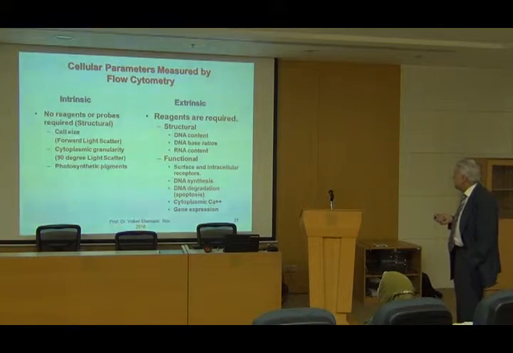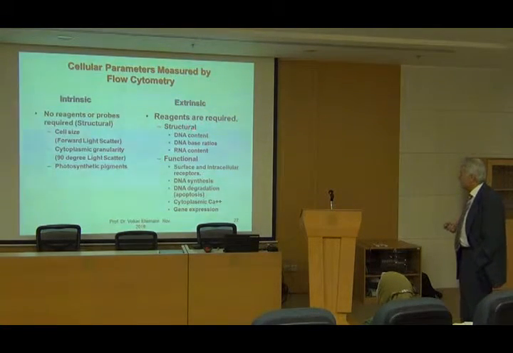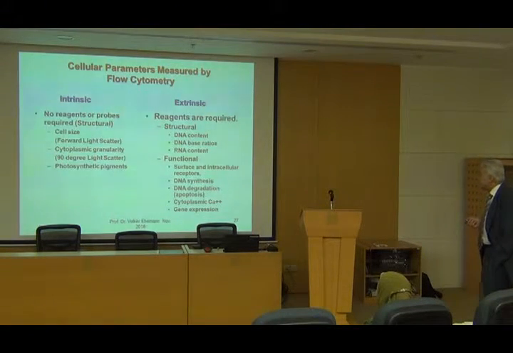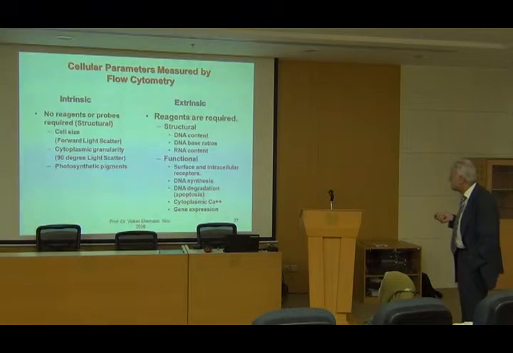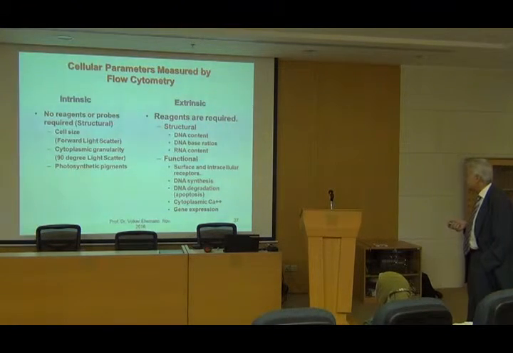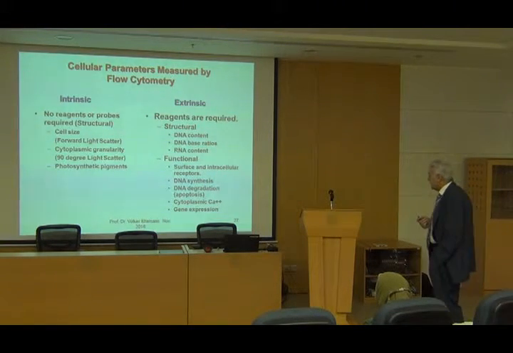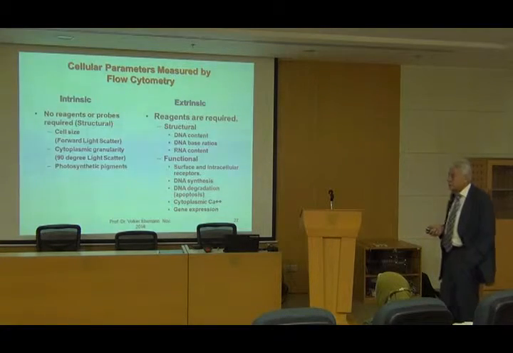The extrinsic ones need unique reagents for structural parameters, so DNA content, DNA base ratios, and RNA content. And functional ones: surface and intracellular receptors, DNA synthesis, DNA degradation, for example apoptosis, cytoplasmic calcium flux, and gene expression.